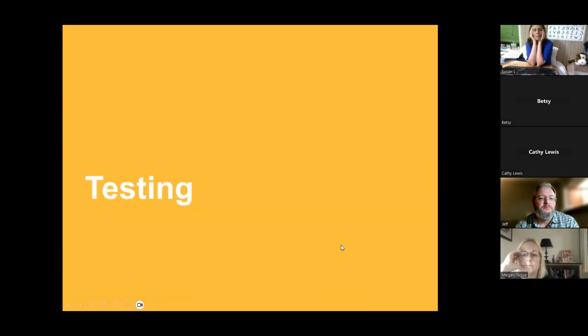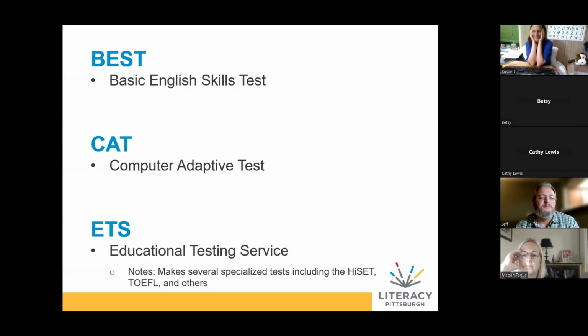All right, so that's all of our partners, or at least a non-exhaustive list of all of our partners. So within testing at Literacy Pittsburgh, there are a couple terms, just 3, that are helpful to know, which is BEST, which stands for Basic English Skills Test, and then CAT, which is Computer Adaptive Test, and then ETS, which is Educational Testing Service.